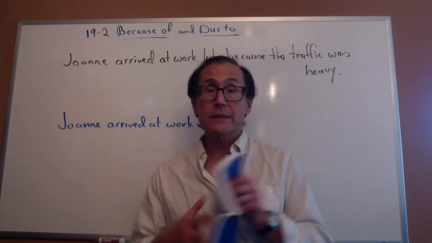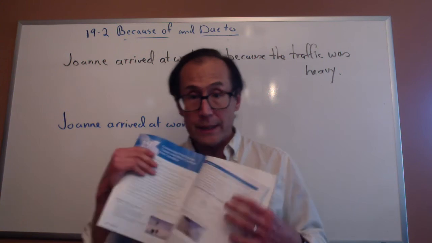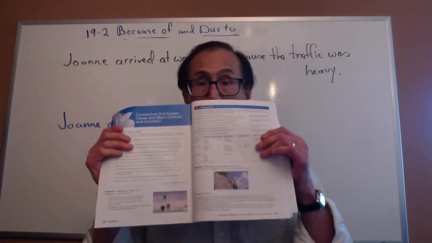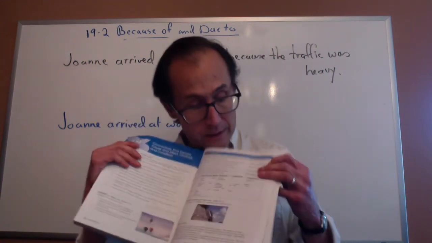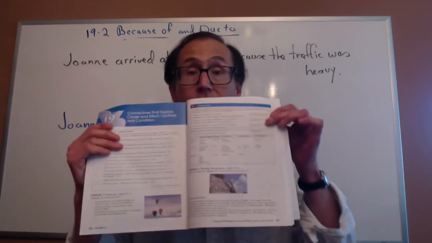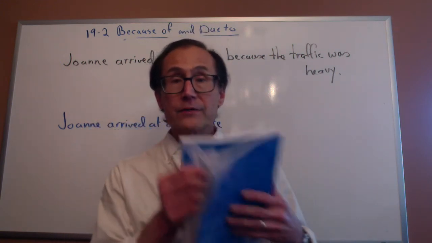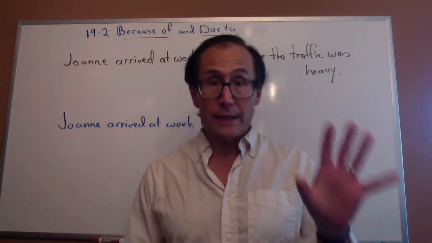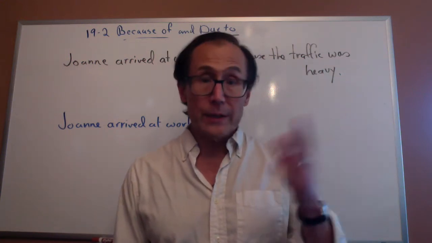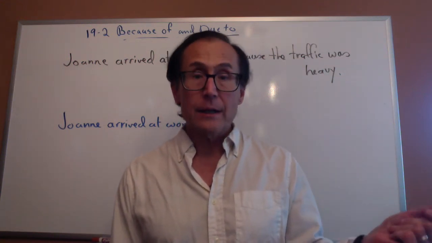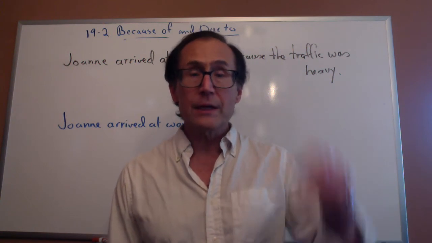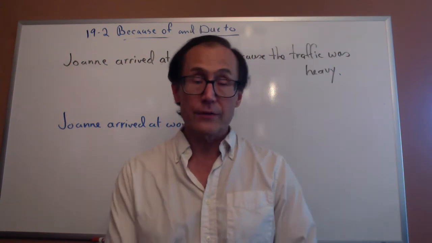If you'd like to see a summary of the ideas that are presented in chapter 19, you can see it on the next page, page 405, in chart 19.1. And that gives a list of all of the connective words that we're going to be looking at in chapter 19, and a quick summary of all of them.